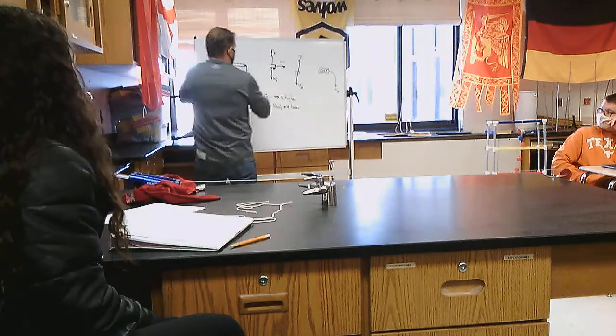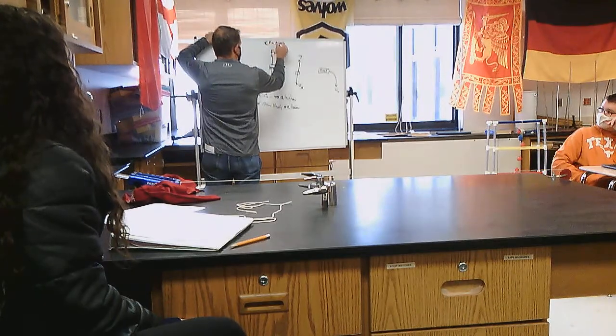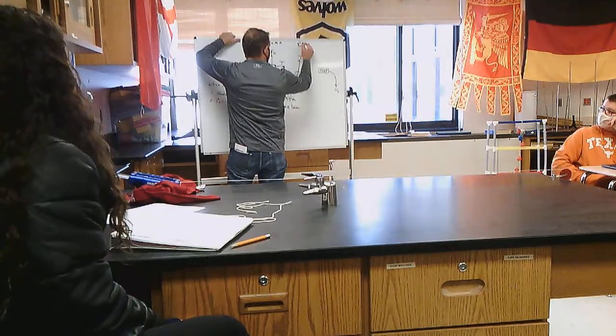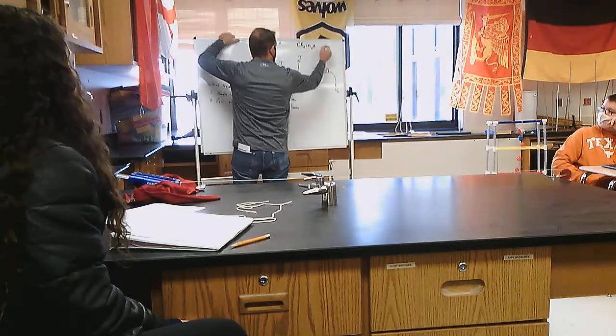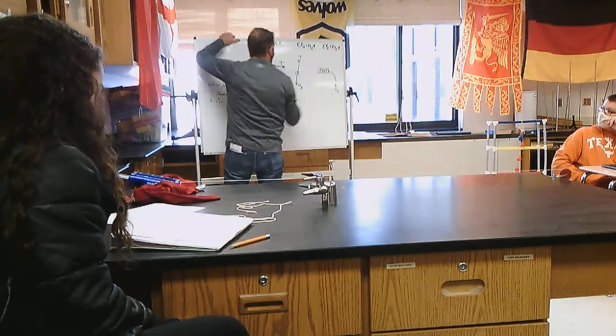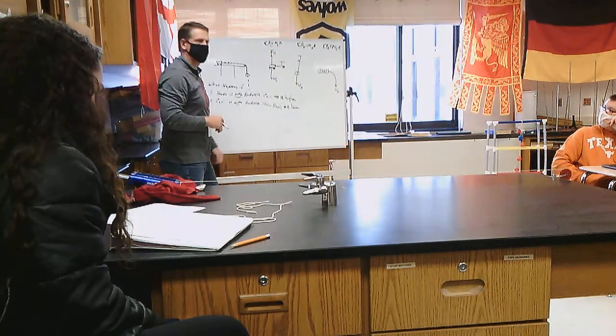So then, what do you know about the sum of the forces acting on the cart? The sum of the forces must be Ma. And what do we know about the sum of the forces on the hook? Must be Ma. And what do we know about the sum of the forces on the system? Must be Ma. Cart, system, hook.